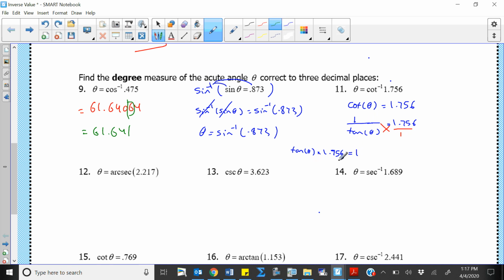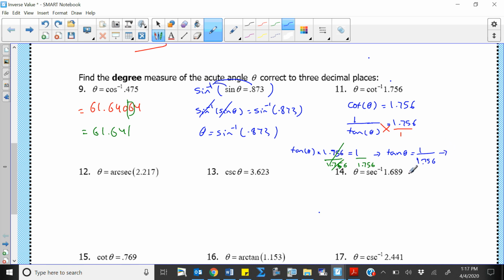Then divide both sides by 1.756. These two cancel each other, and from here I'm going to have tangent of theta equal to 1 over 1.756.